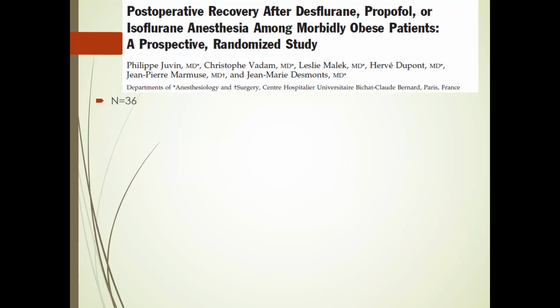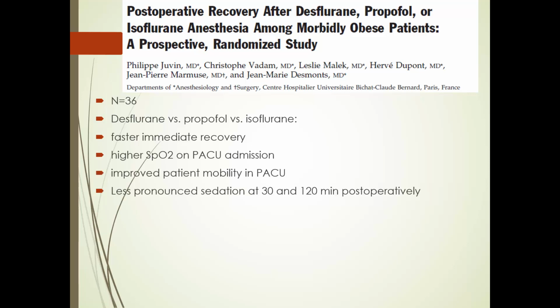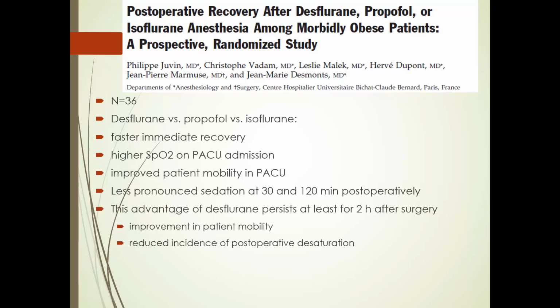And in this study of 36 patients, they looked at desflurane versus propofol versus ISO. There was faster immediate recovery, higher SpO2 on PACU admission, and improved patient mobility in PACU. Sedation was less pronounced at 30 and 120 minutes afterwards. And the advantage of desflurane persists at least for 2 hours after surgery.